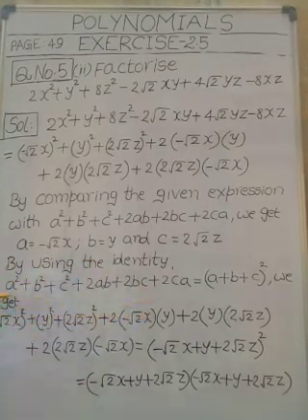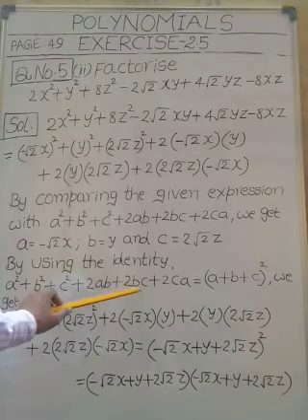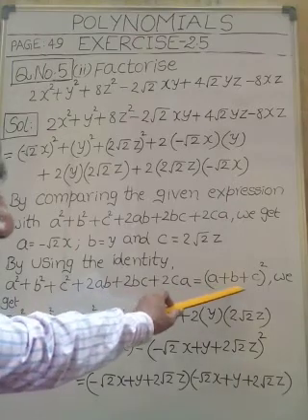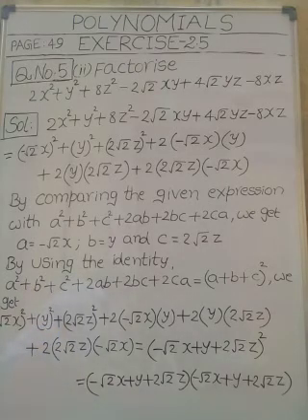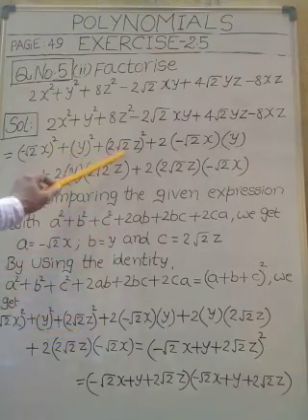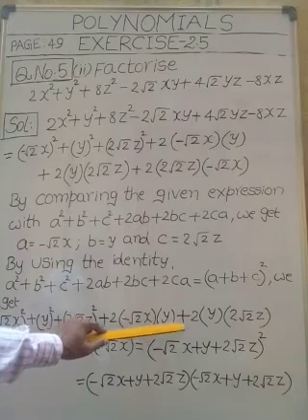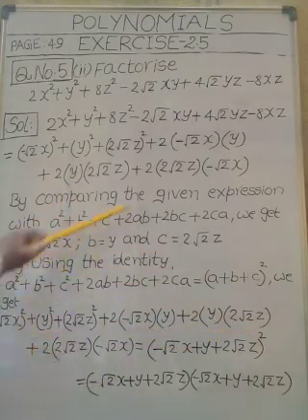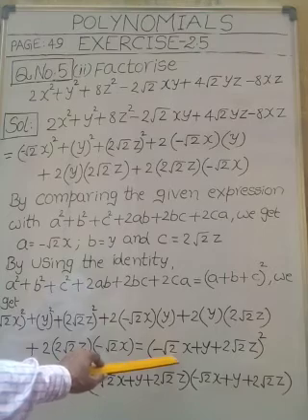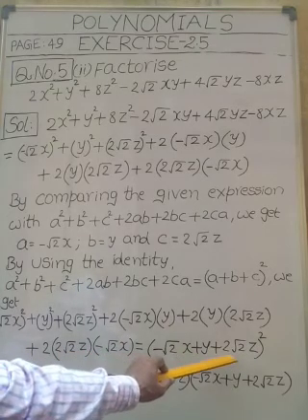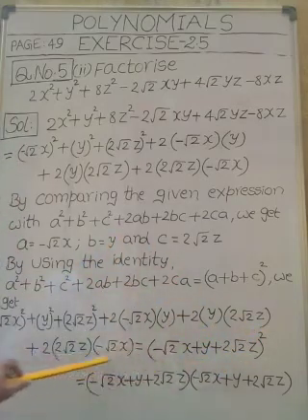Then by using the identity a square plus b square plus c square plus 2ab plus 2bc plus 2ca is equal to a plus b plus c whole square, we get minus root 2x whole square plus y square plus 2 root 2z whole square plus 2 into minus root 2x into y plus 2 into y into 2 root 2z plus 2 into 2 root 2z into minus root 2x is equal to, here a means minus root 2x plus b means y plus c means 2 root 2z whole square. Understood this step, my dear children?